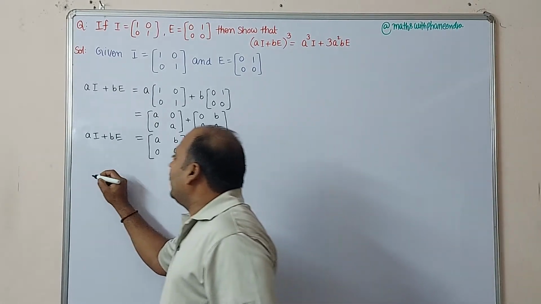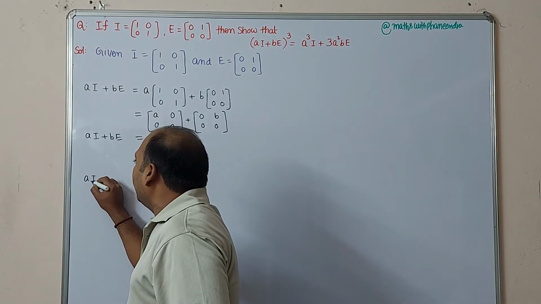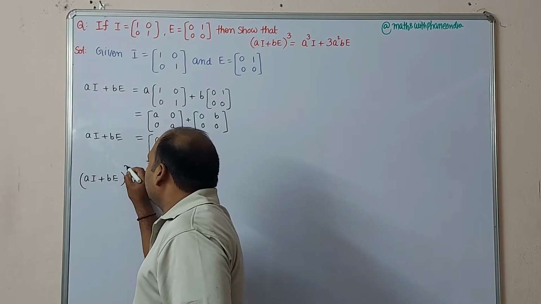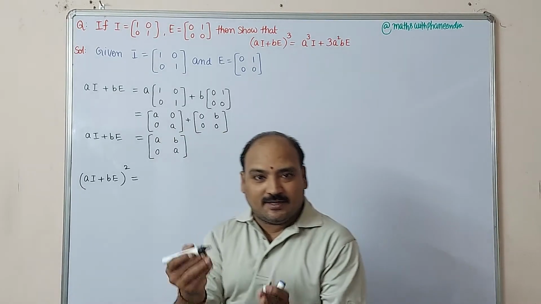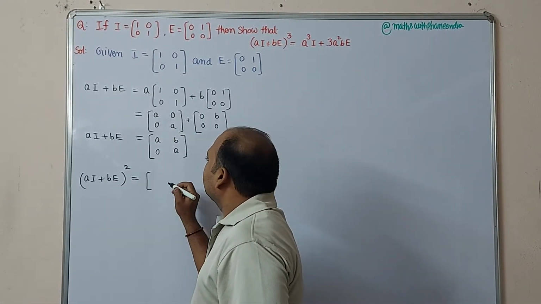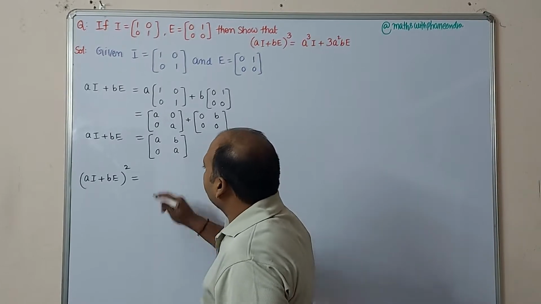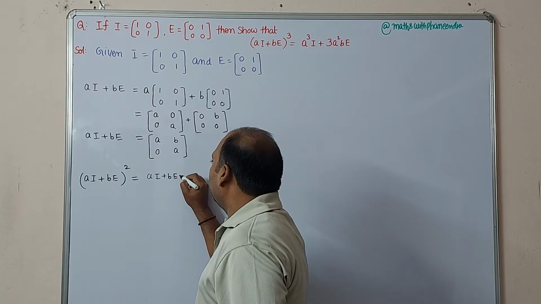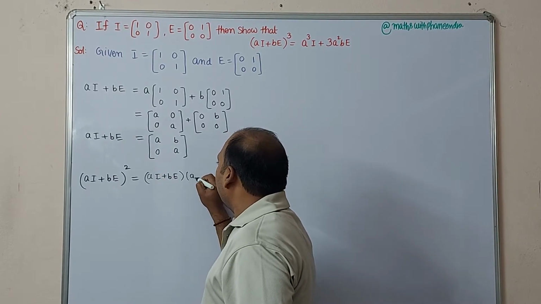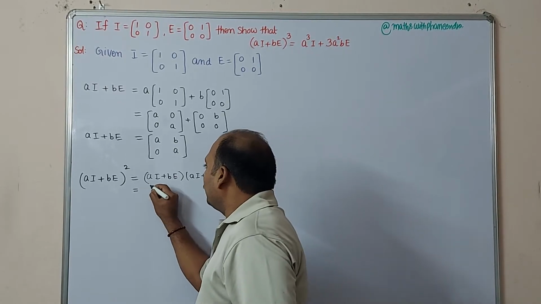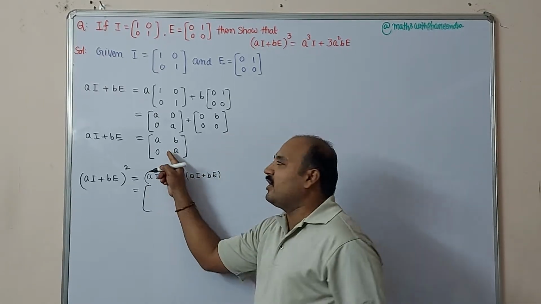Before that, we need to get the value of (aI + bE) whole square. X square means x into x. Similarly, (aI + bE) whole square we can write as (aI + bE) into (aI + bE). The value of aI plus bE is this only, no?